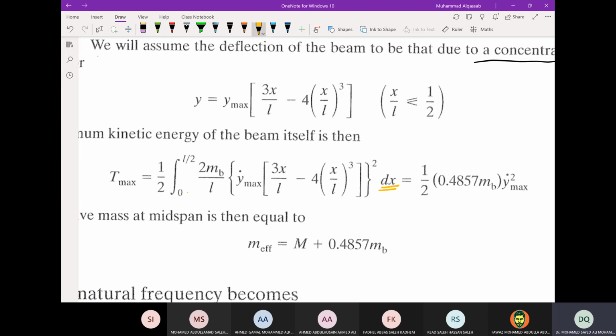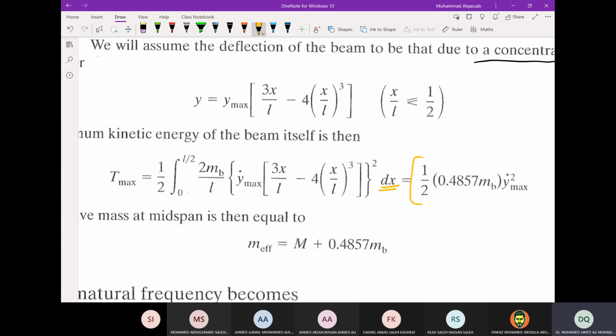You can expand this expression, and anything that is not function of x you can take outside the integration, including y dot maximum. 2 mb over L, we take it outside the integration, and then the only thing to be integrated is 3x over L minus 4x over L to power 3, the whole thing to power 2. And that will give you the integration result.